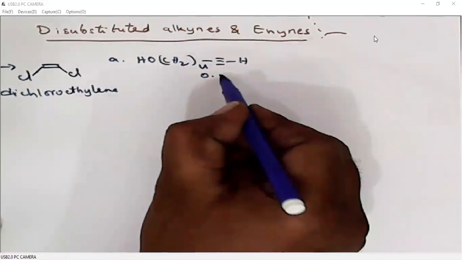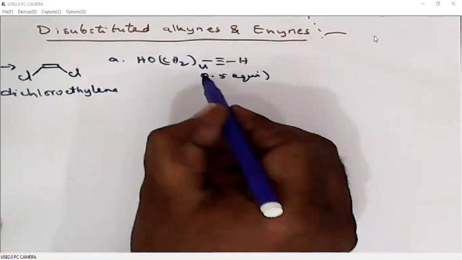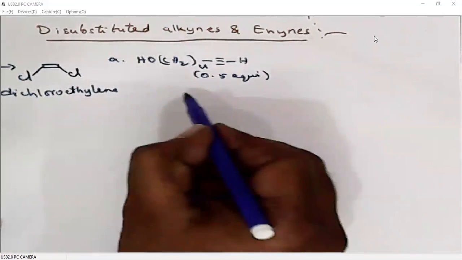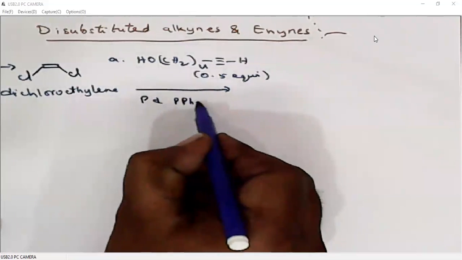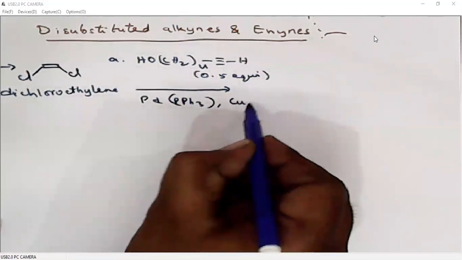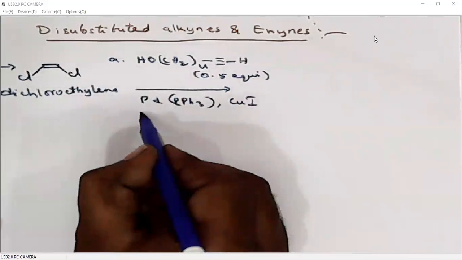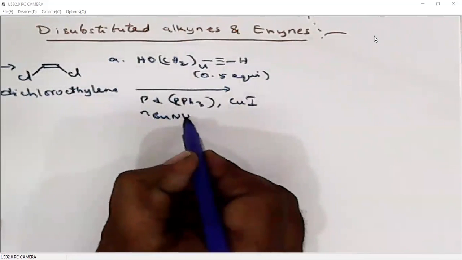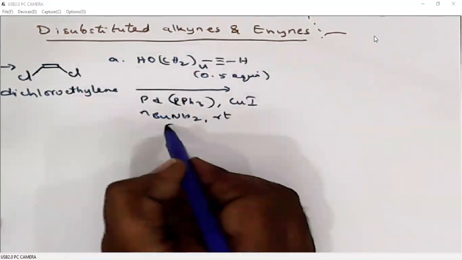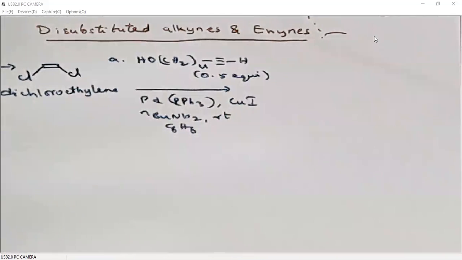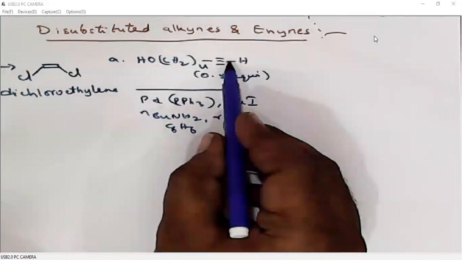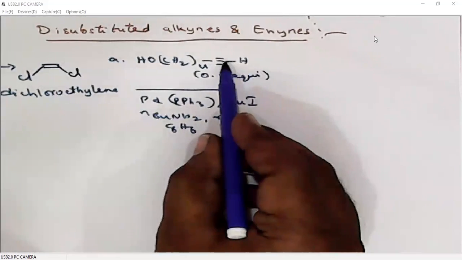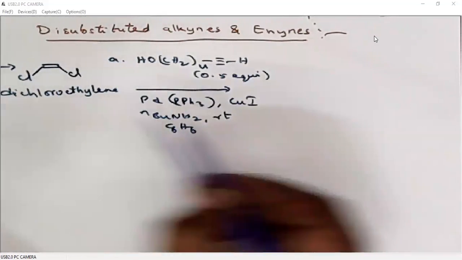It is coupled with this alkyne, just 0.5 equivalents. That means only one side we are coupling it. So under Negishi conditions, we remove this proton and we couple this triple bond with the double bond.